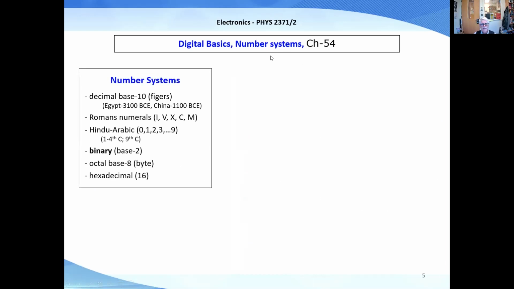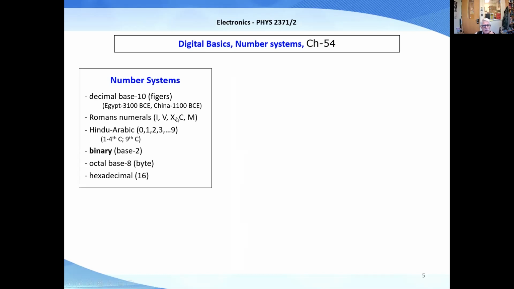Okay, let's take a look at our number system. Well, we've all counted on our fingers, right? Our 10 fingers, and I can see I misspelled fingers there. The Egyptians needed some number system 5,000 years ago, and it was base 10, as I understand. Chinese had something 3,000 years ago.